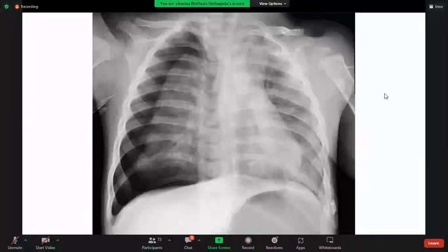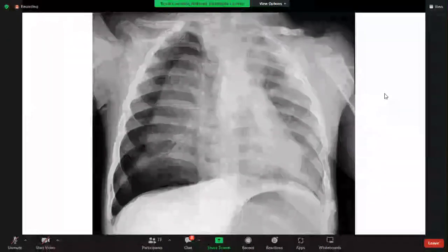Can we do a Mantoux test in this patient since it's a complicated one, thinking of TB? Yes, because Sri Lanka is a highly prevalent country for tuberculosis. Because you are covering with antibiotics, but despite that you are having fever, you have to think about other possibilities like tuberculosis.